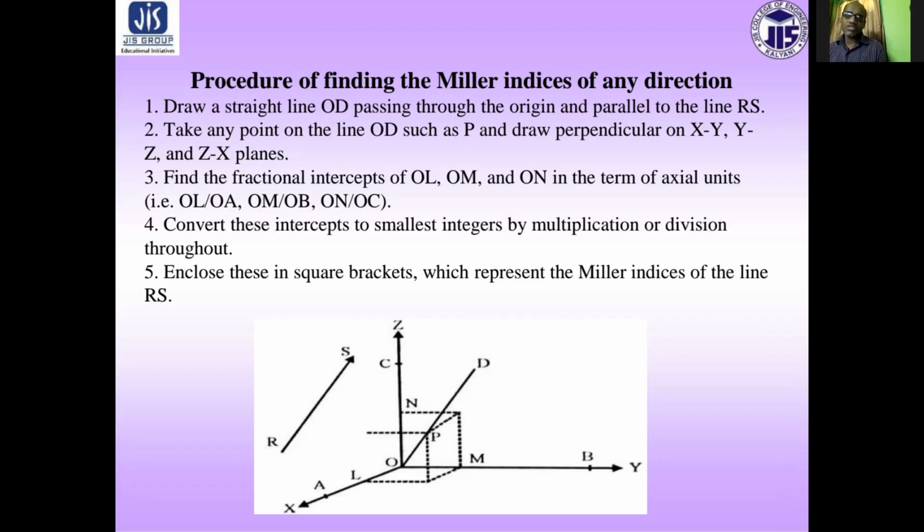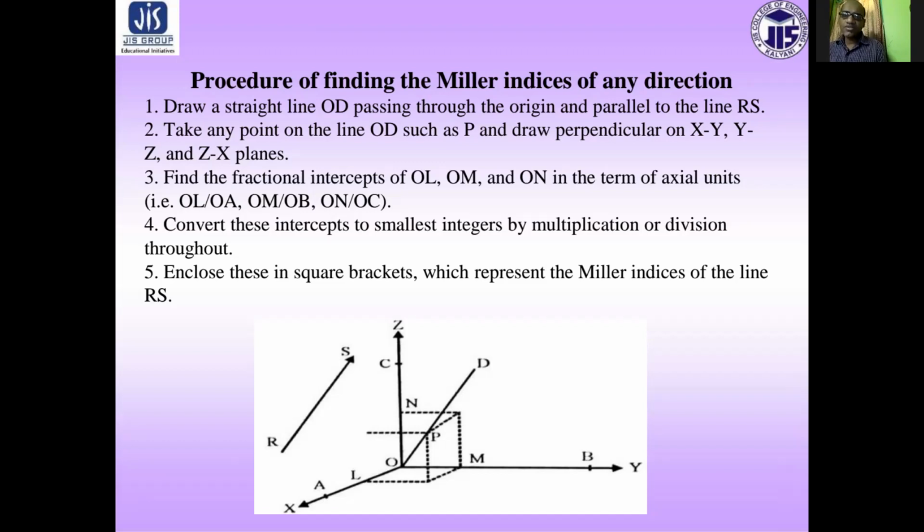Then the next step is to find the fractional intercepts OL, OM and ON respectively in terms of axial units. So that will become OL by OA, OM by OB and ON by OC along the X, Y and Z corresponding axes.